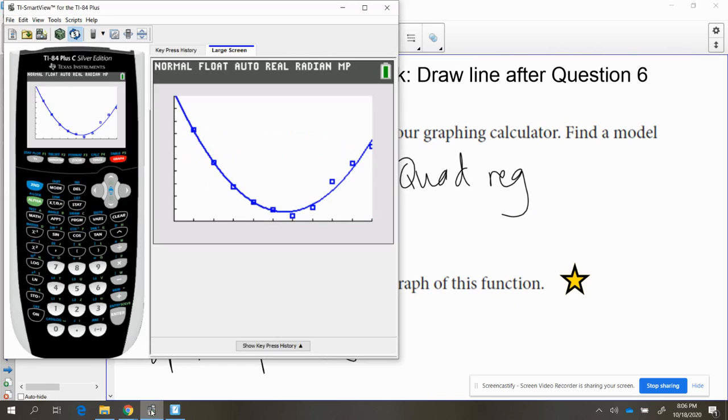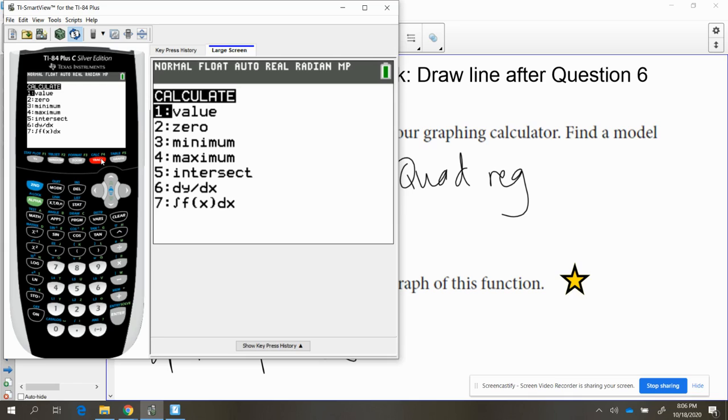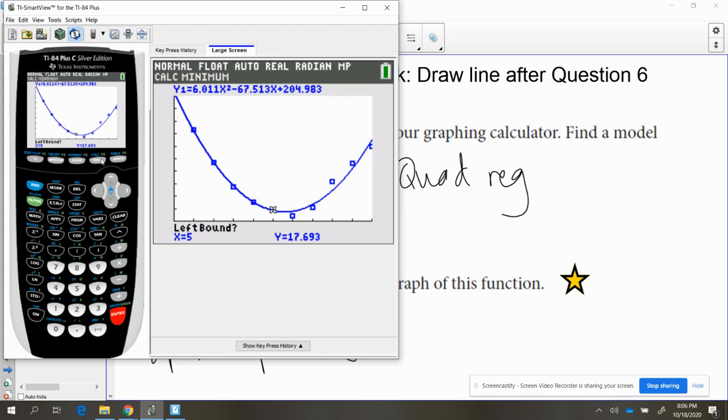So we go back to the calculator. Something we could do is if we hit second trace, we're going to get the calculate menu, and we can calculate that minimum value. So let's say if we approximate it, let's say 4 is a bound. The right bound we'll say is 7. And then we're going to scroll to somewhere in between there.